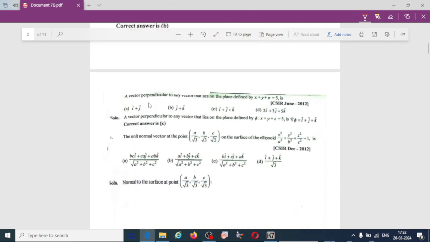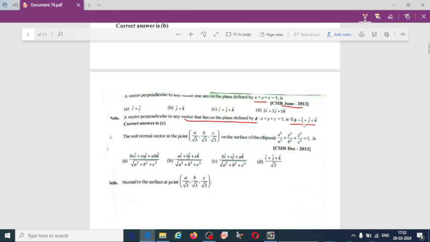So next question, a vector perpendicular to any vector that lies on the plane defined by x plus y plus z is equal to 5. This question has been asked in the CSIR NET. So the options they have given here. What we have to do here, a vector perpendicular to any vector that lies on the plane defined by the plane, we should take the gradient of phi.